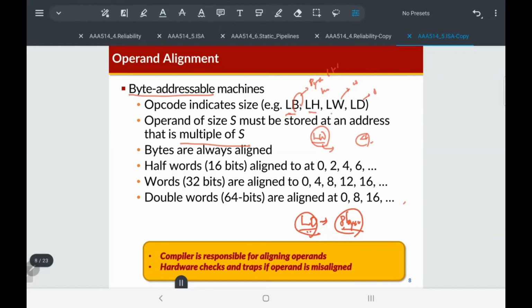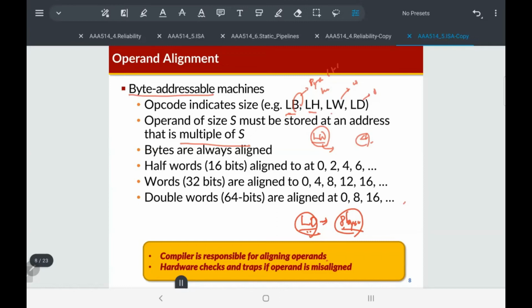So it's defined in the instruction set architecture manual. Okay. So the compiler is responsible for aligning operands, and the hardware also checks some limitations of this data alignment. For other architectures, such as the ARM architecture, ARM ISA, the memory address must be aligned, so the hardware needs to check the address of these data transfer instructions.